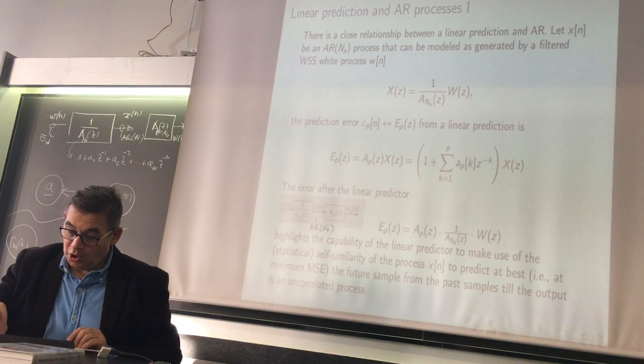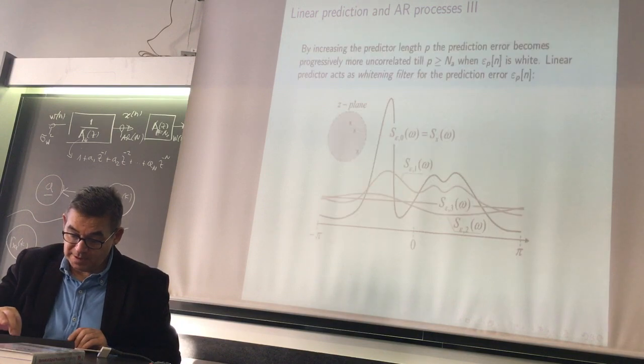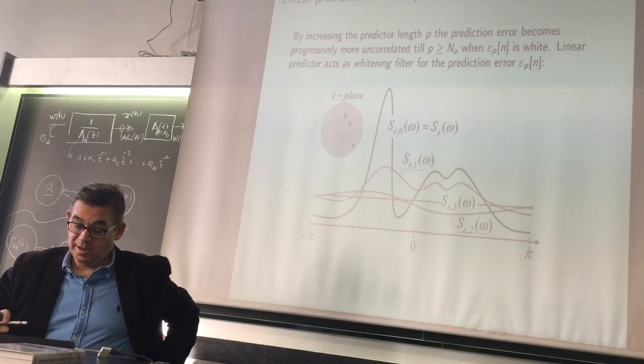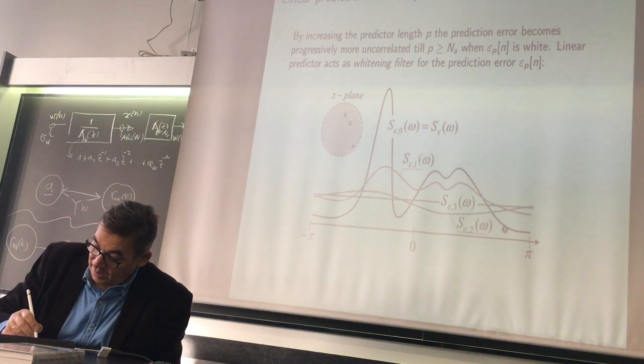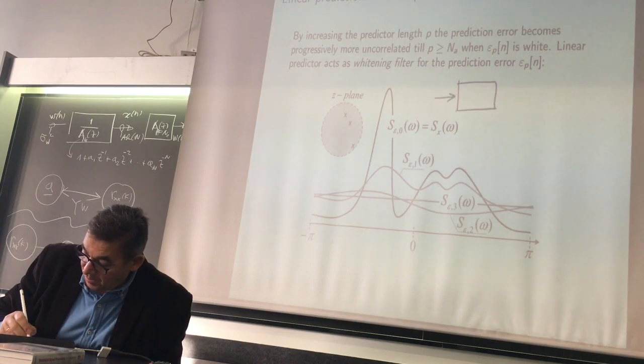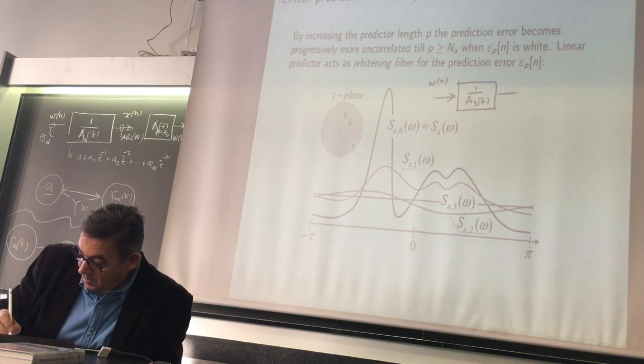Now, looking at what happens, consider a case where I have an autoregressive process obtained from W[n], and I have a filter composed of 3 poles. And X[n] here is autoregressive of order 3.